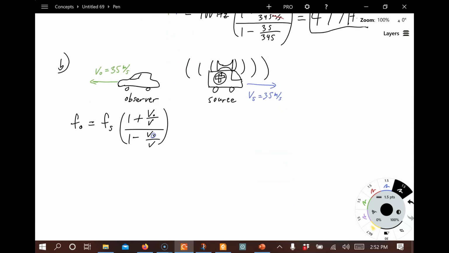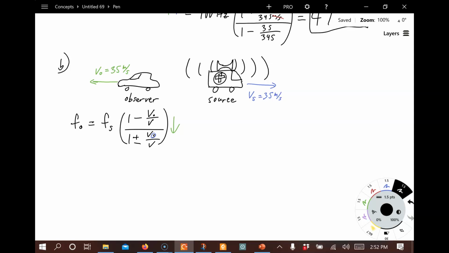So for part B, in this case, plus or minus, now the observer is moving away from the source. So for the observer, that is going to cause the parentheses to decrease the overall value there. So that's the contribution for the observer, moving away, receding, negative sign to reduce the frequency.